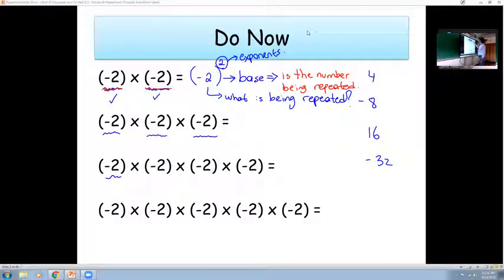What about the exponent? What does the exponent mean? Exponent is showing us how many times the number will be repeated. How many times the number will be repeated?